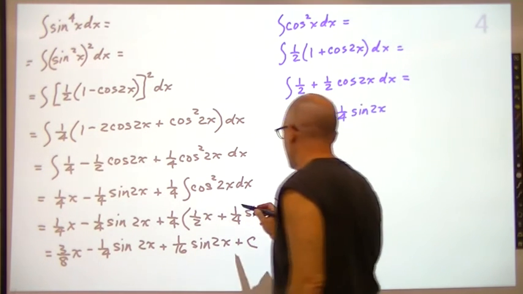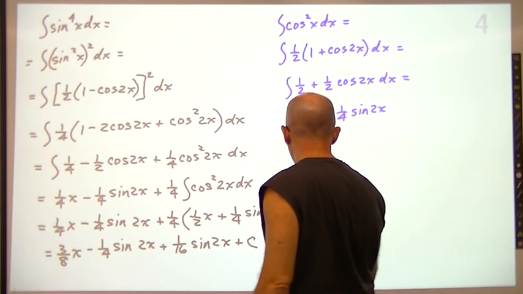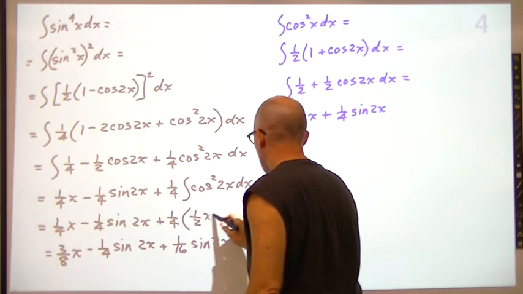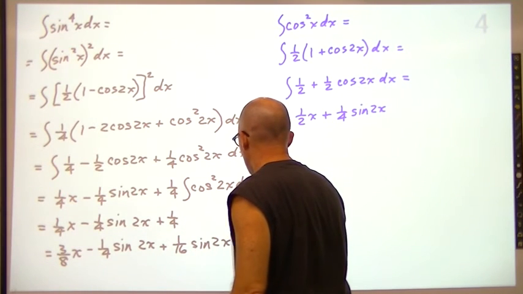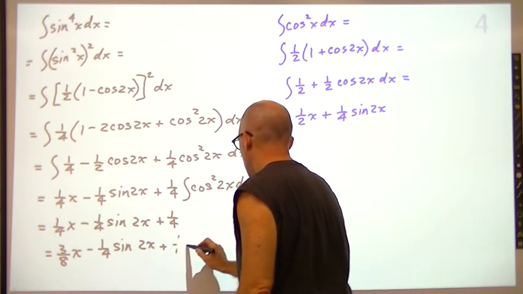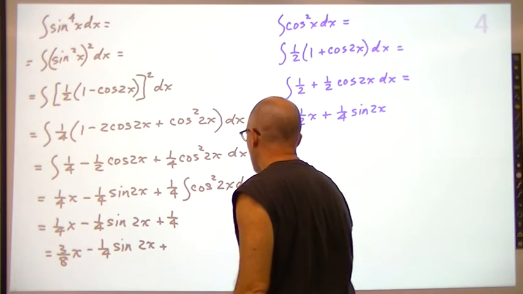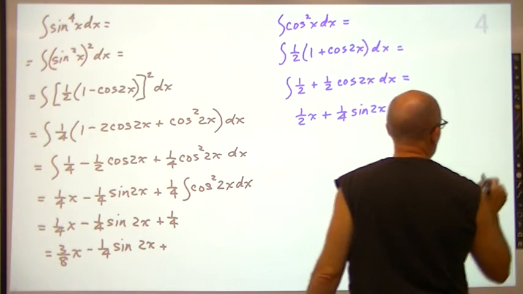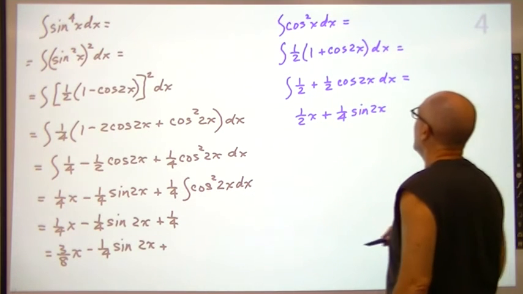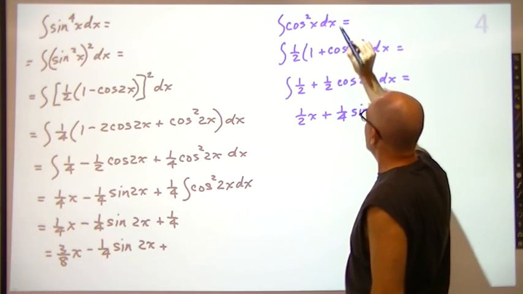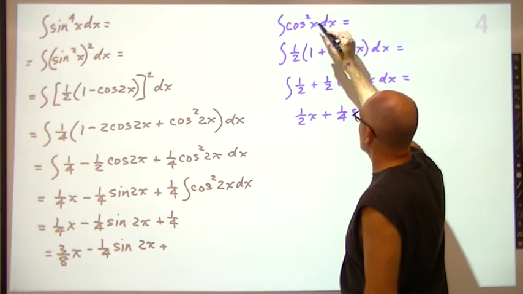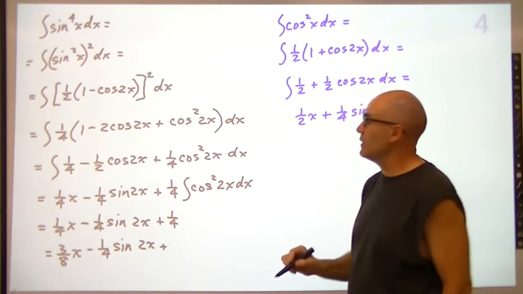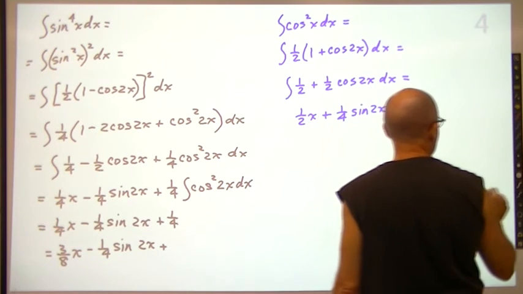Let's go back. Okay. Now we're back up to here, and we've got the integral of cosine squared x. But I didn't want cosine squared x, I want cosine squared 2x.